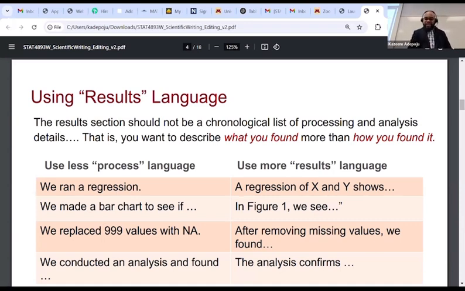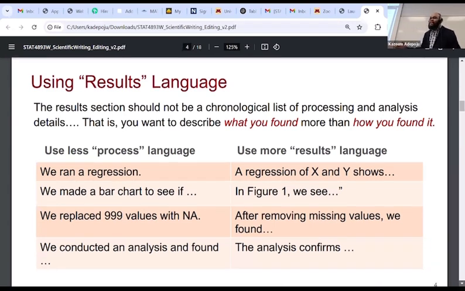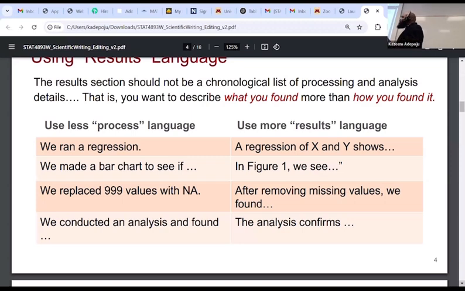Another process language that you should avoid is, we made a bar chart to see if this or that. Maybe you make a bar chart for comparison because you're working with a categorical variable. But instead of saying we made a bar chart, why can't you rephrase that to result language?